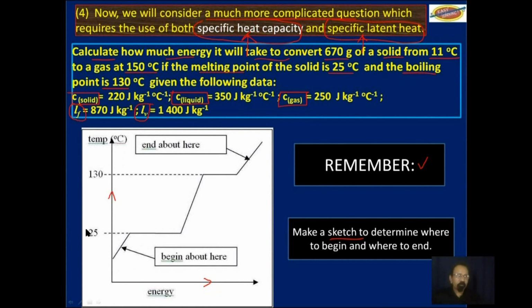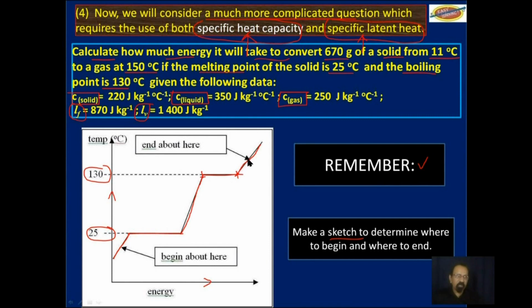We put in the melting point, we put in the boiling point, and we draw in this line here for the solid, that one where the solid is changing to a liquid, this one where you have all liquid, that one where the liquid at its boiling point is becoming a vapor, and then here where you are heating up the vapor.